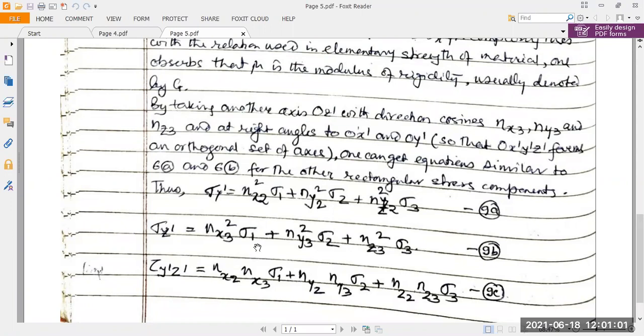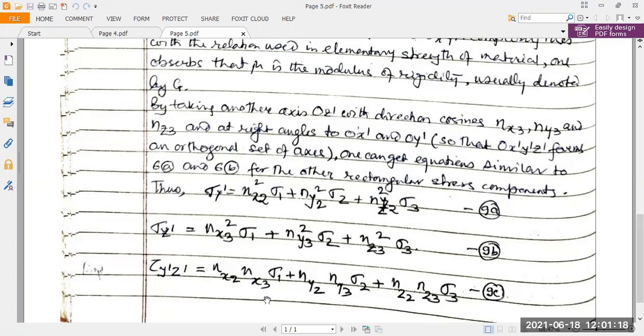And tx itself can be divided by the Cartesian coordinate, sigma n1 into nx itself. So if you replace all of these here, then we have this nx1, nx2 squared and n3 like this.